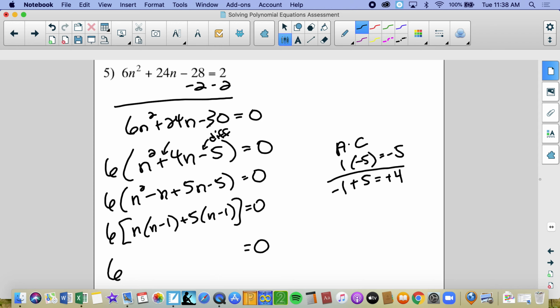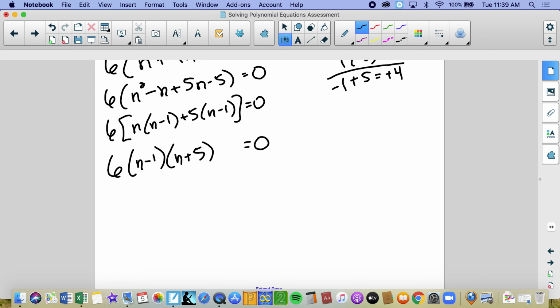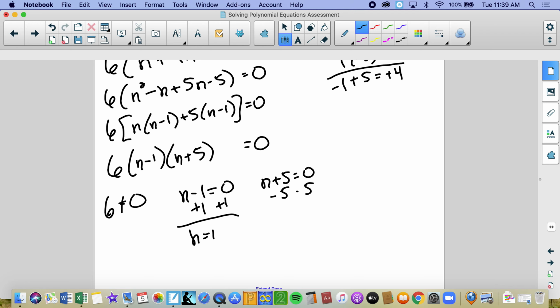They have the n minus 1 in common, and then you're left with n plus 5. And now we set each one equal to 0. 6 doesn't equal 0, so that gets negated. We're going to add 1. We're going to subtract 5. And my solutions are negative 5, 1.